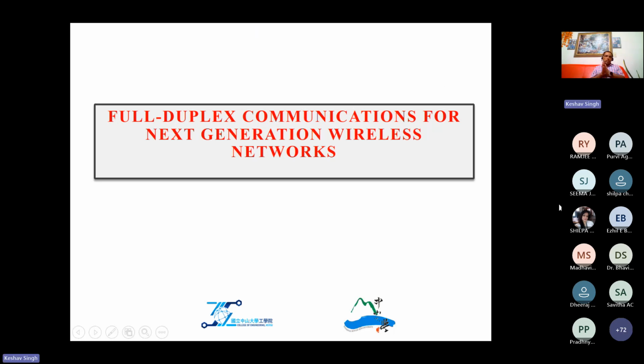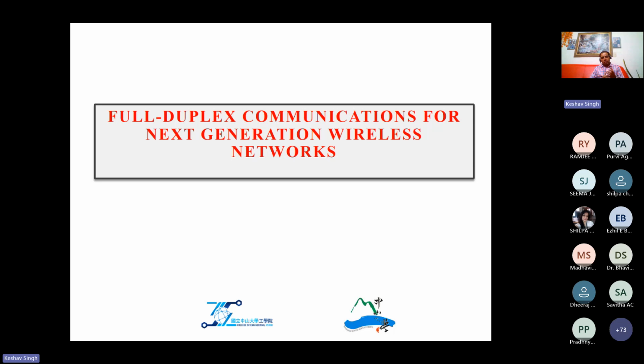In this session, we want to utilize machine learning or AI in order to design full duplex MIMO communication. First of all, why are we going for full duplex? Why not the existing half duplex system?